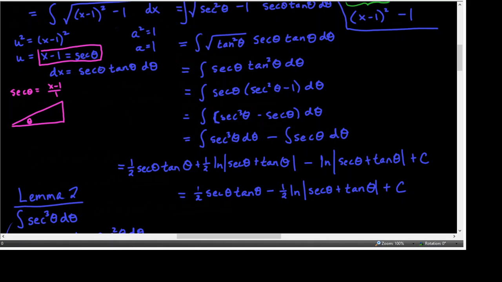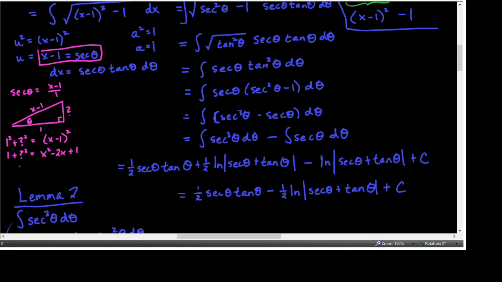So if this is theta, this is a right triangle, and secant of theta is hypotenuse over adjacent. So this is hypotenuse, and this is adjacent. And I know that leg squared plus leg squared equals the square of the hypotenuse. And so 1 plus question mark squared equals x squared minus 2x plus 1.